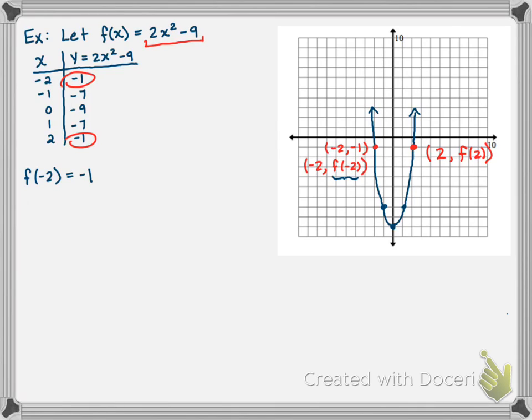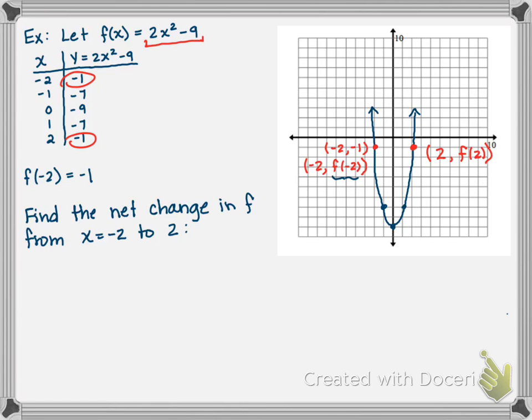So try to think about the answer to this without actually doing any calculations first, and then we'll figure it out. So let's find the net change in F from X equals -2 to 2.